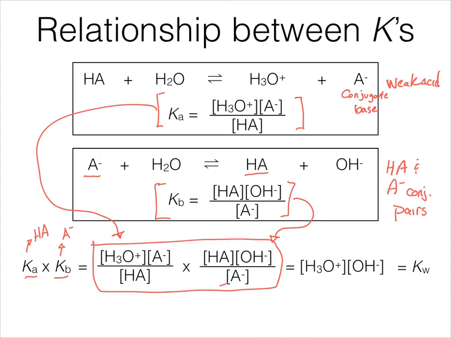And notice how I have an A- on the bottom and an A- on the top. I'm sorry, I should have said that I have an A- on the bottom and an A- on the top. And so they cancel. That leaves us with H3O+ times OH-, which is Kw. So we can summarize this relationship: Ka times Kb is equal to Kw.